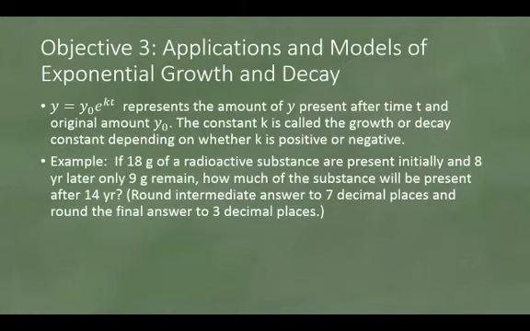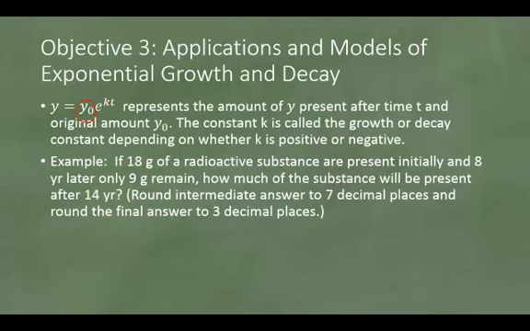Applications and models of exponential growth and decay. The formula y is equal to y sub 0 times e to the k times t represents the amount of y present after time t, if you had an original amount of y sub 0.